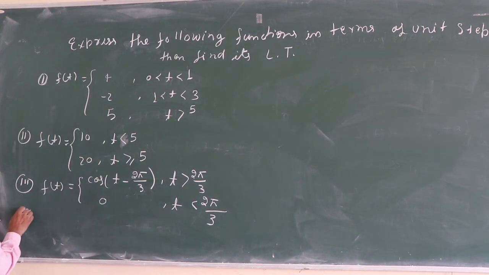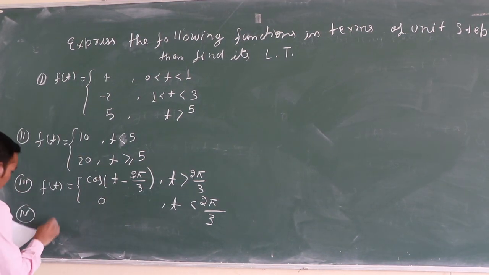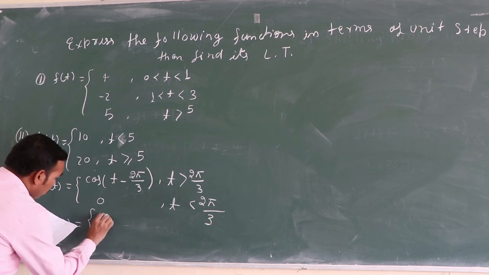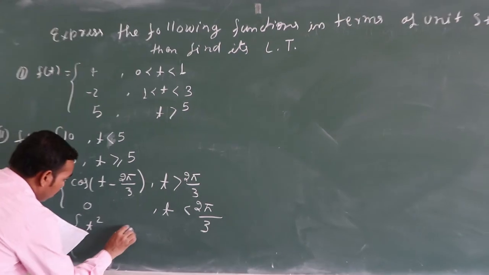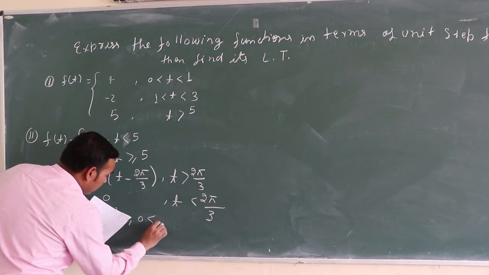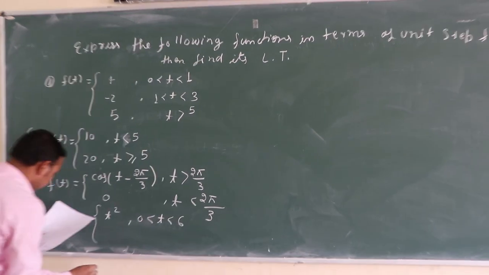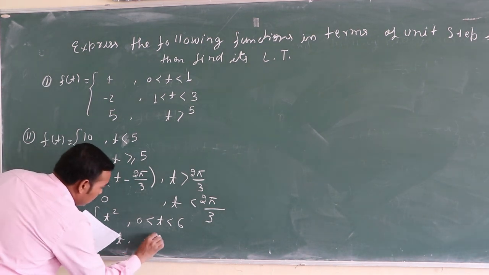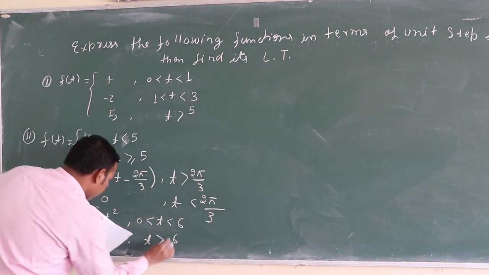And the fourth one is f(t) equal to t square for 0 less than t less than 6, and 4t for t greater than 6.